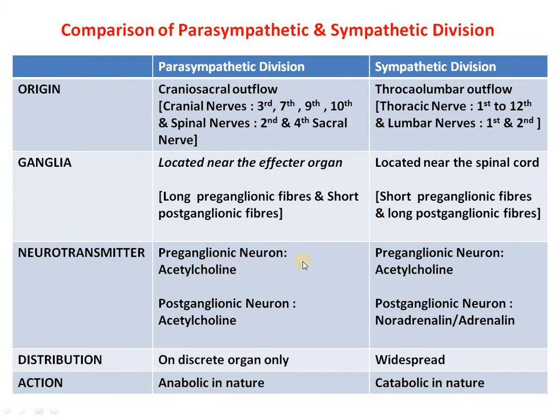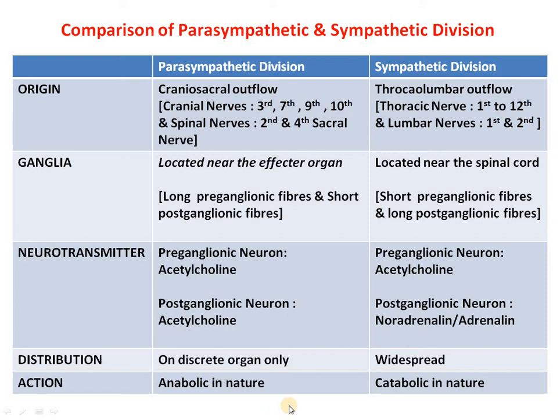There are also differences in the neurotransmitter, as I discussed earlier. The preganglionic neuron of both the sympathetic and parasympathetic subdivisions releases acetylcholine, whereas the postganglionic neuron releases acetylcholine in the parasympathetic nervous system, but in the sympathetic nervous system it releases adrenaline or noradrenaline. In the parasympathetic nervous system, the distribution is discrete, towards discrete organs only, but in the sympathetic nervous system the distribution is widespread.